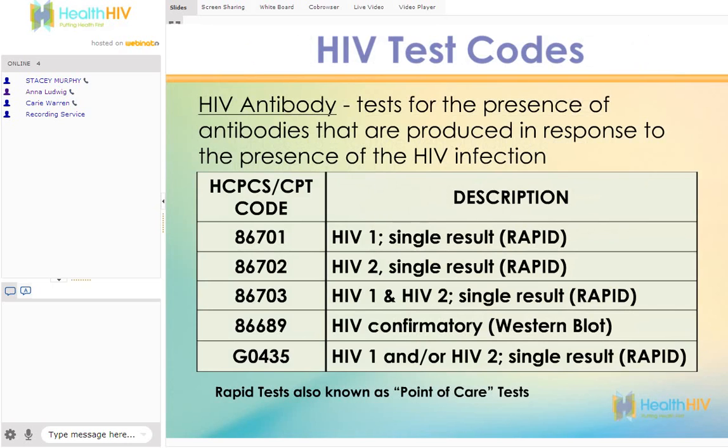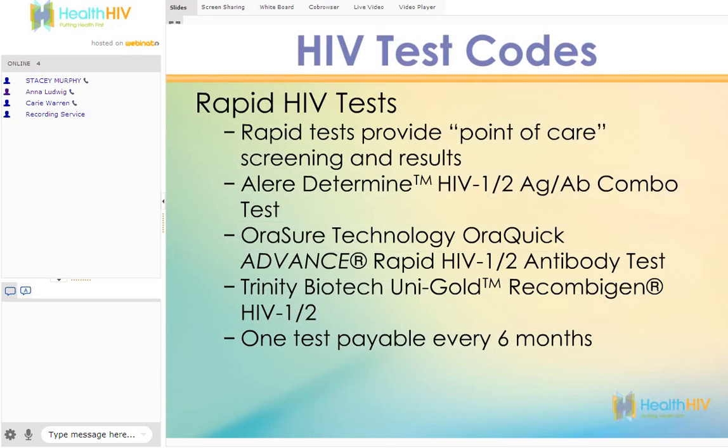These are your HIV testing codes. These are your rapid tests. If a patient comes into your office and the physician decides that they want to do a rapid test and get results on the spot, these are the codes that would be utilized. There are some additional rapid test codes on the next slide, but these are the most common rapid test codes used nationwide.